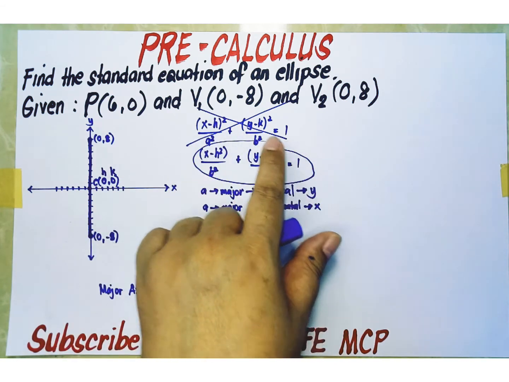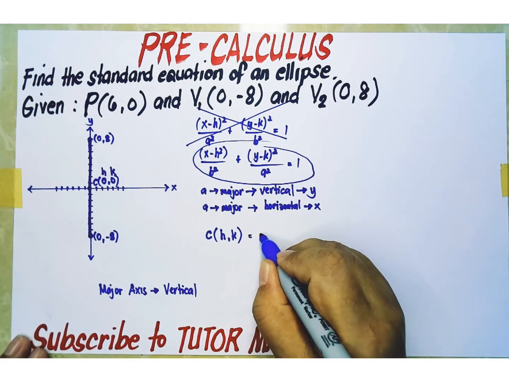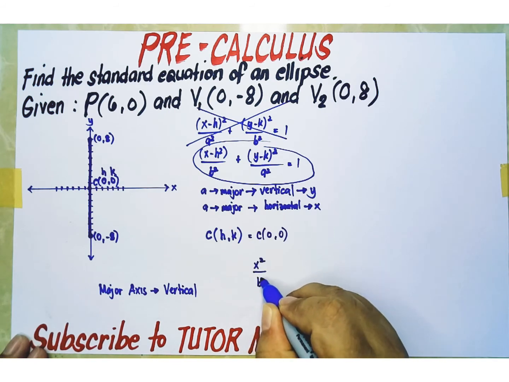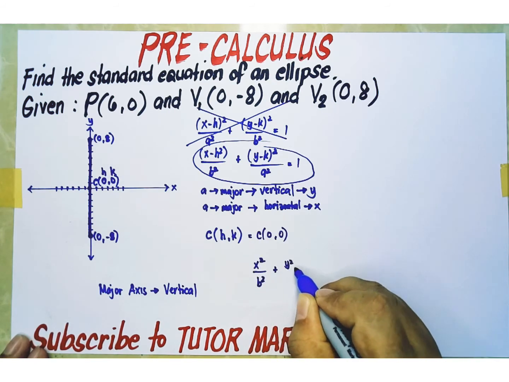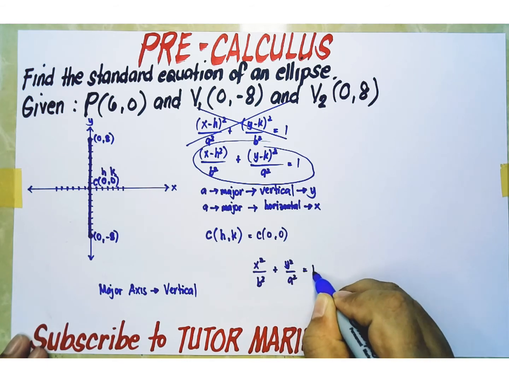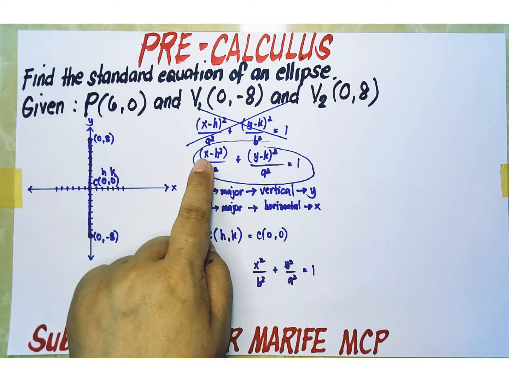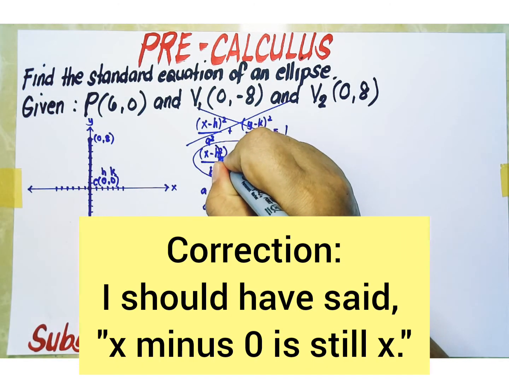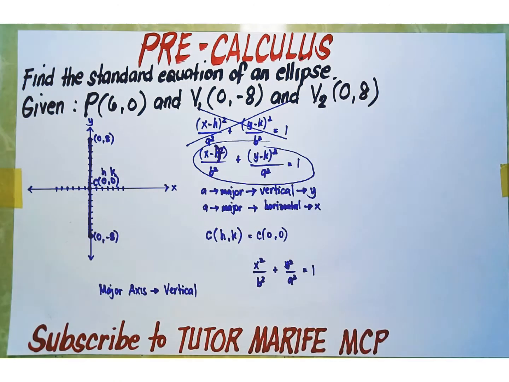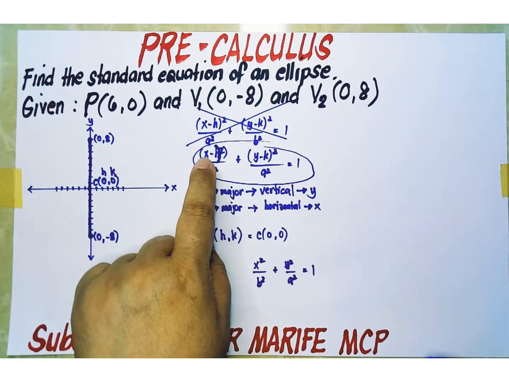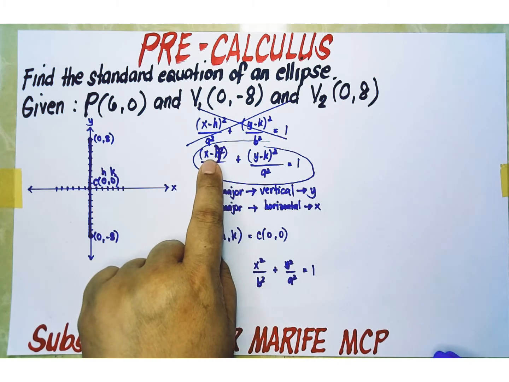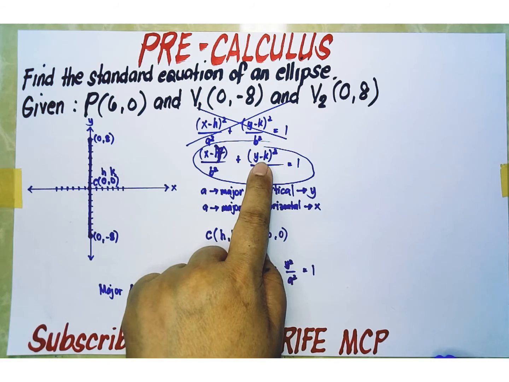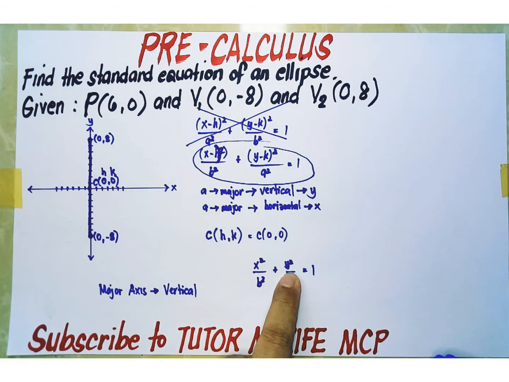This will be simplified into x squared over b squared plus y squared over a squared equals 1. x minus 0 is still x, and x squared is x squared. y minus 0 is y, then squared, it's y squared.